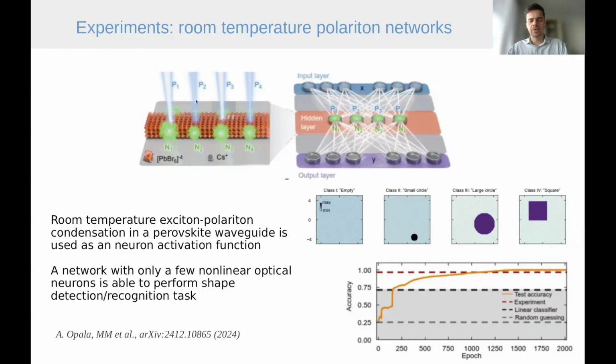We created a very simple network composed of 3 layers, and the hidden layer was actually realized optically, and used it for the shape classification task, for example, where the aim of the system was to distinguish between squares and small and large circles, which is a quite simple task, but when these shapes can be placed anywhere in the image, their position is not defined, then this task is already very difficult for a typical linear network.